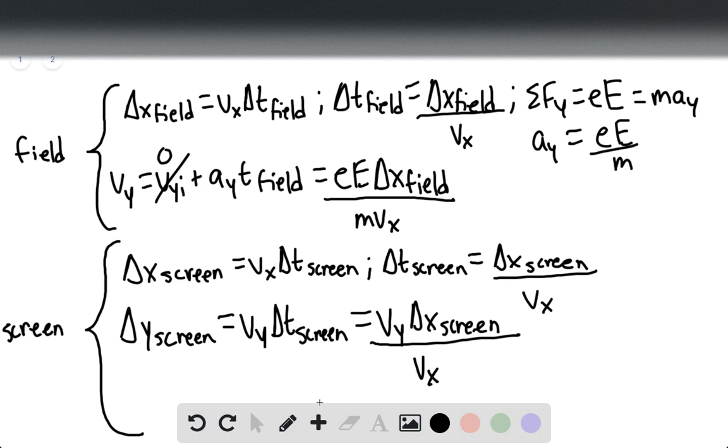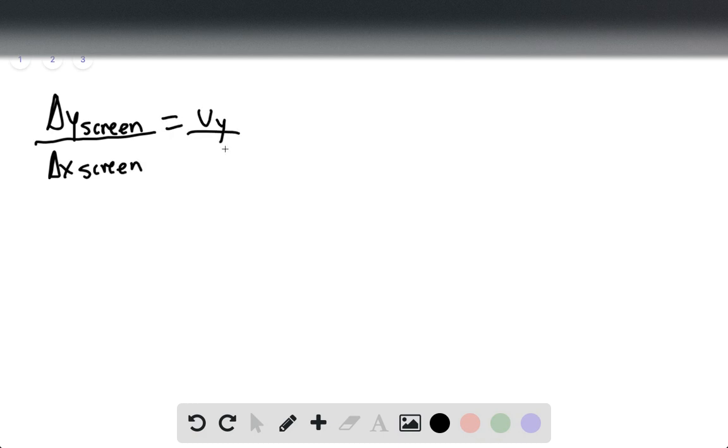Now at this point, we can attempt to solve. We know that delta y of the screen divided by delta x of the screen equals v_y divided by v_x. This is going to equal the charge of the electron times the magnitude of the electric field times delta x of the field divided by m v_x squared.